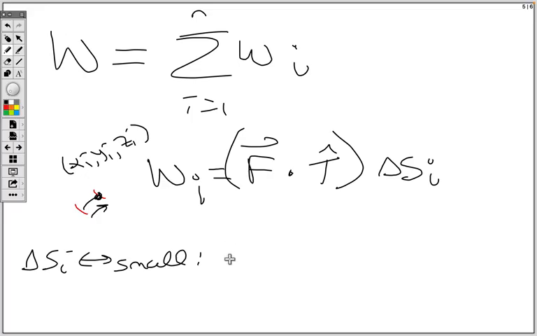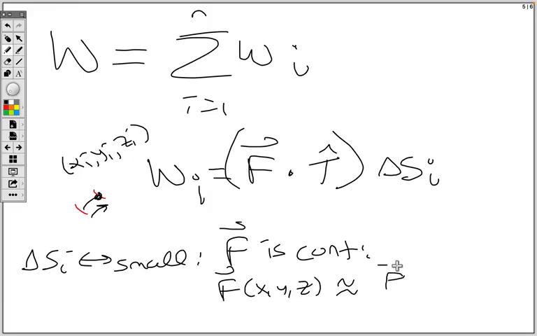So if this is small, since the field is continuous, then we're going to approximate the field throughout the entire segment to be the field at just one of the endpoints. Right? And that's continuity. Continuity says close inputs give you close outputs. So if I have a very, very tiny piece, the force isn't going to vary much over that piece. Does that make sense?